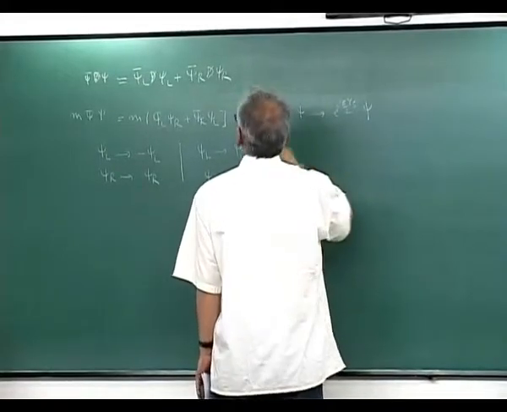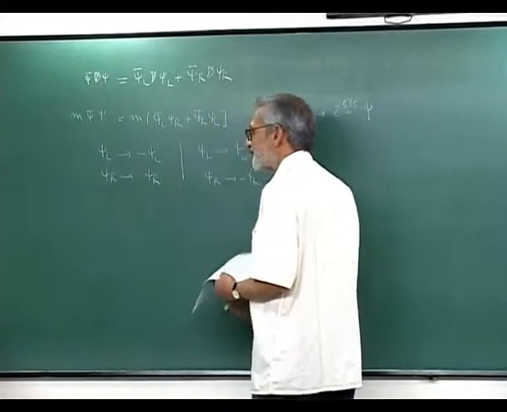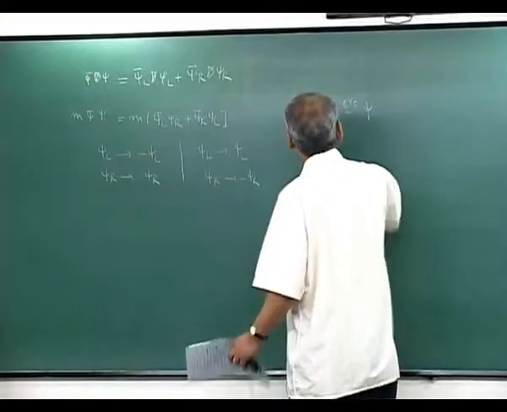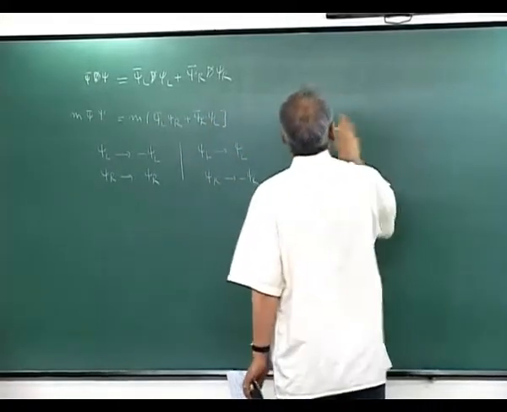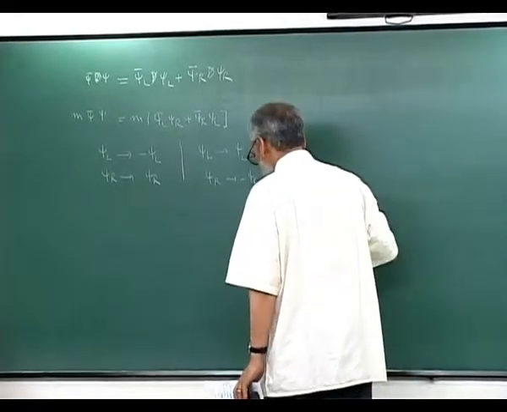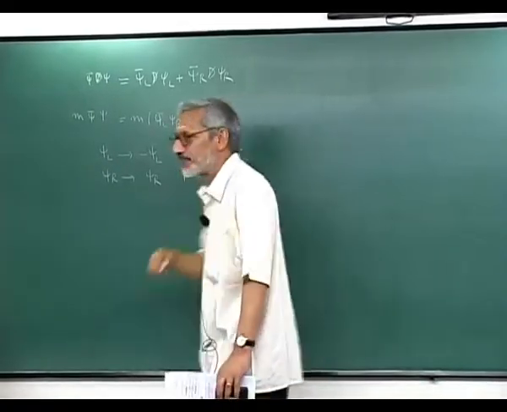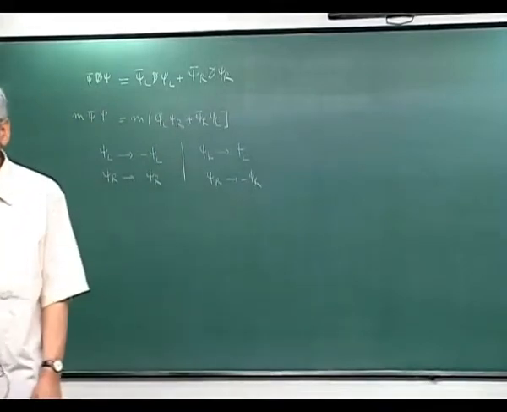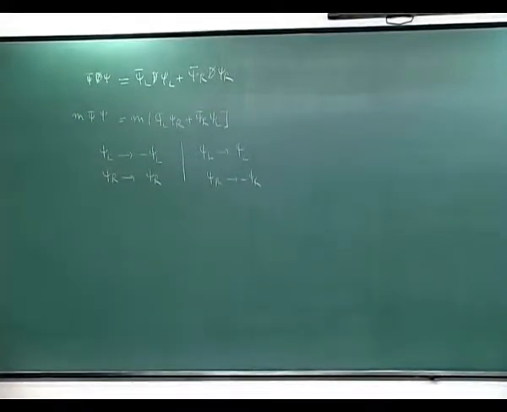This is a chiral transformation, right? In this way I think it's more transparent. So by redefinition of your variables you can change the sign of your mass term.